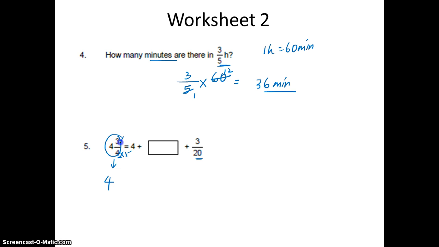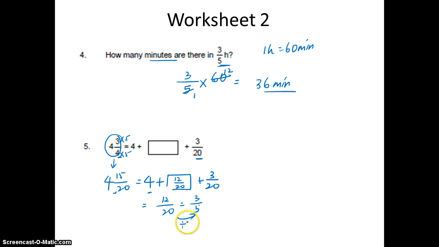I would have times 5. 4 times 5 is 20, so it's 15/20. 15/20 equals 4 plus how many plus 3/20? So 15/20 minus 3/20, my answer here is 12/20. In simplest form, 12/20 would be equal to 3/5 when I divide by 4. So my answer is 3/5.